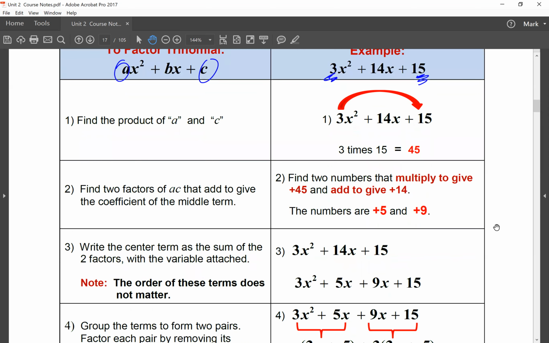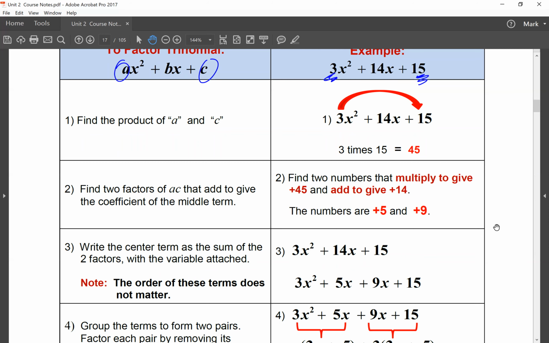Then I'm going to find two factors of 45 that add to give the coefficient of the middle term. This is just like what I did before: two numbers that multiply to give 45 but add to give 14. This is a little bit more work, a little bit more math.